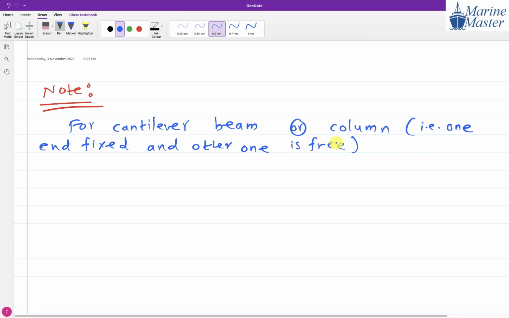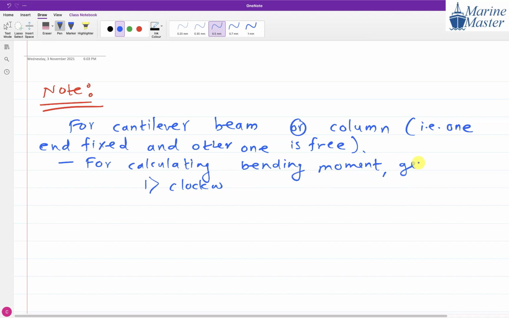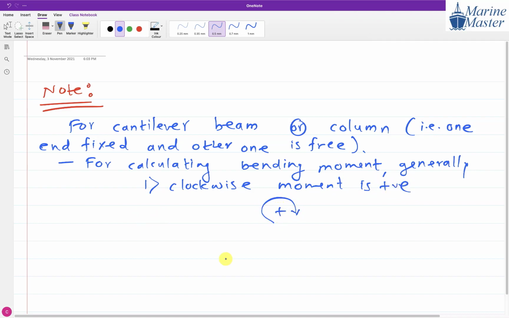So for cantilever beam and column, for calculating bending moment, generally clockwise moment is positive, and counterclockwise moment is negative. This is just a rough note, guys.